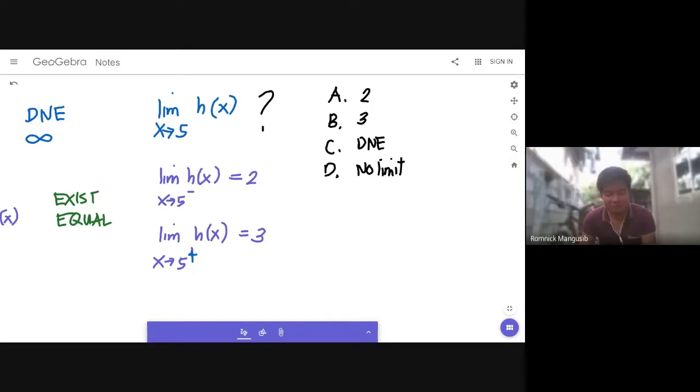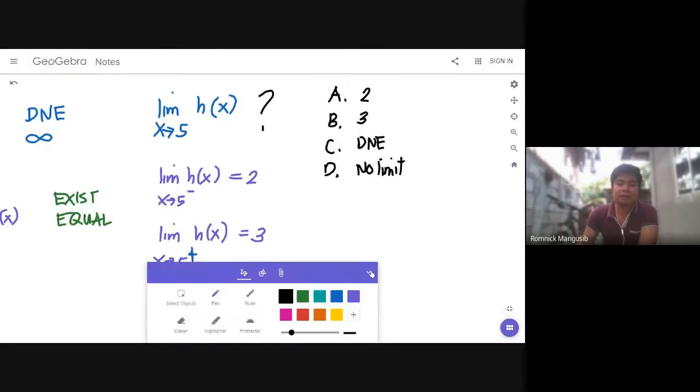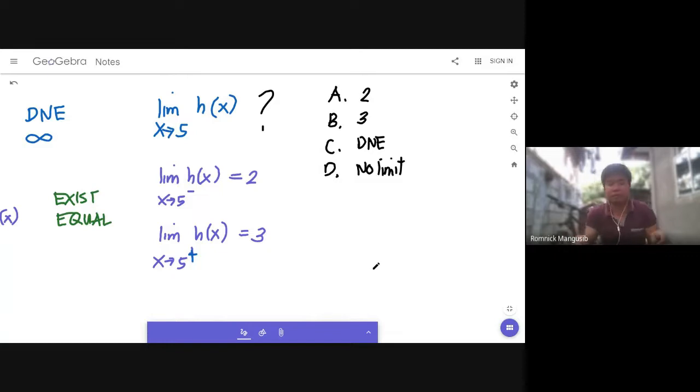Okay, tama. Ang una mong sinabi, Peter, is they both exist. 2 and 3 both exist. Pero hindi sila equal. Correct. So, ibig sabihin, class, kapag hindi nasundan yung dalawang condition, the conditions here, they go together. They should not be separated. Please take note. They always go together. Hindi pwedeng isa sa kanila ay totoo lang.